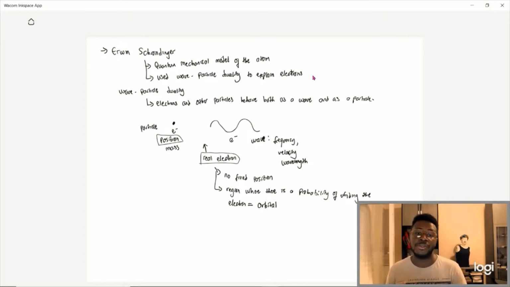Erwin Schrödinger, using his quantum mechanical model of the atom, postulated that for electrons, there's a region where there's a probability of finding the electron. So the electron is not just a particle with a fixed position on a circle, which is like Bohr gave, called the energy level. But instead it has a region where there's a probability you can find the electron, and this region is called the orbital.